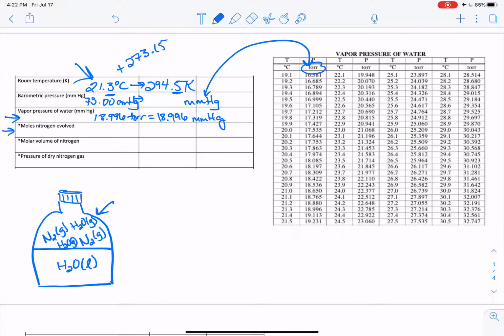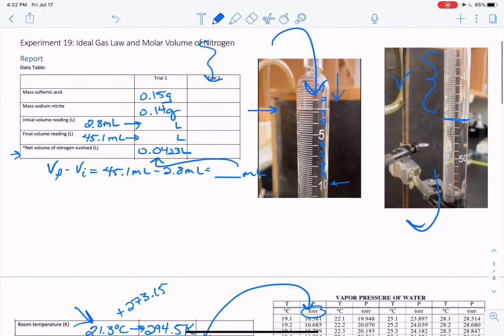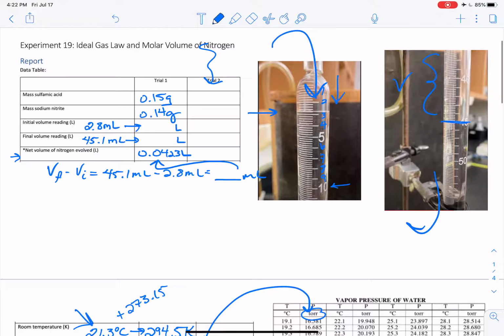So back to the very beginning of this lab, we've got ideal gas law and molar volume of nitrogen, and then below it, it's telling us that we are reacting sulfonic acid with sodium nitrate. And then we did this part of it to watch it go. But for the reaction portion of it, we're going to need to write out the balanced equation.